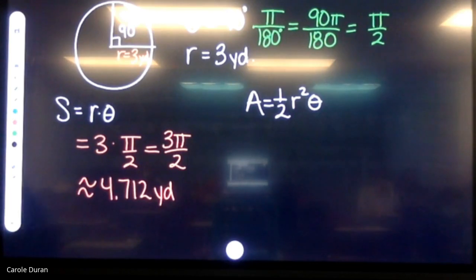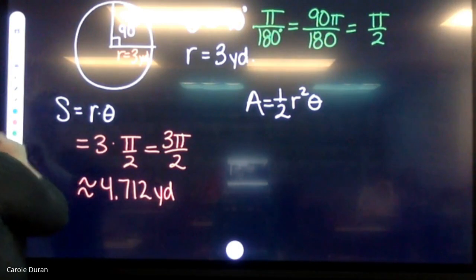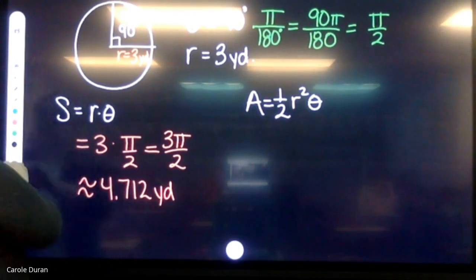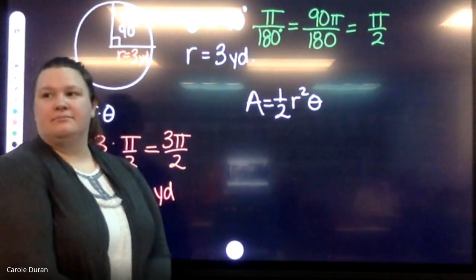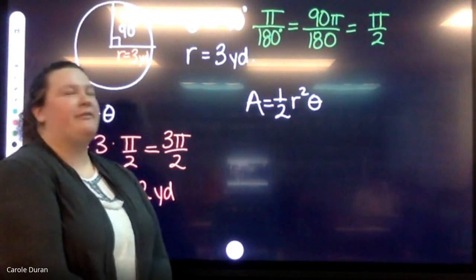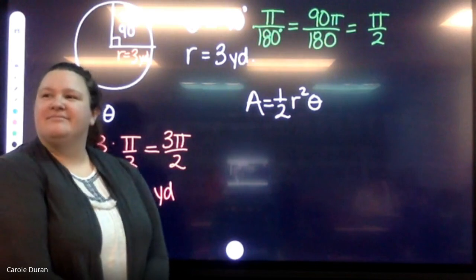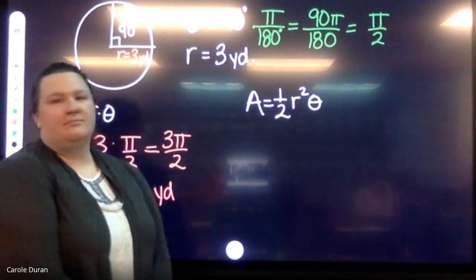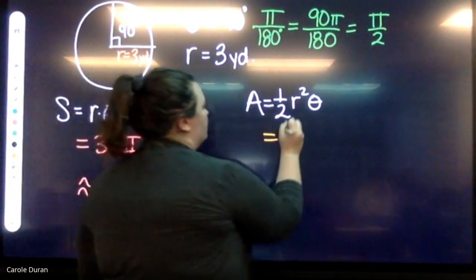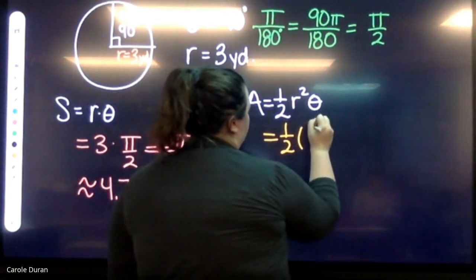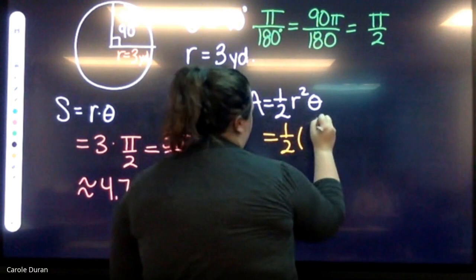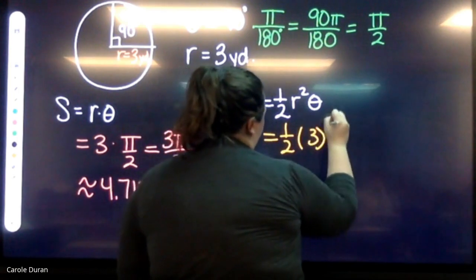Devin, talk me through sector area. Wherever you think it's necessary to begin. I had A equals one half times r squared times theta. And you started with 3 squared, right?